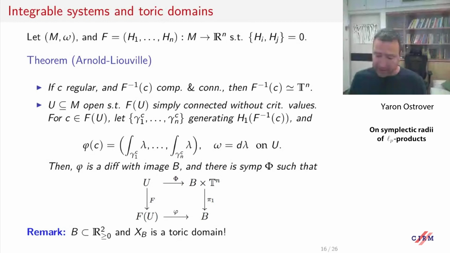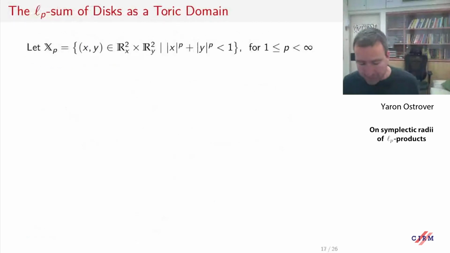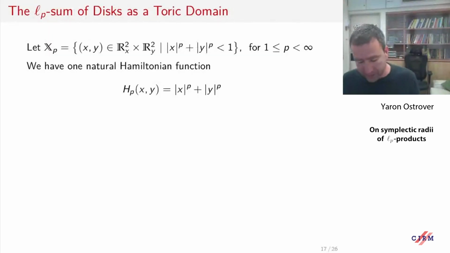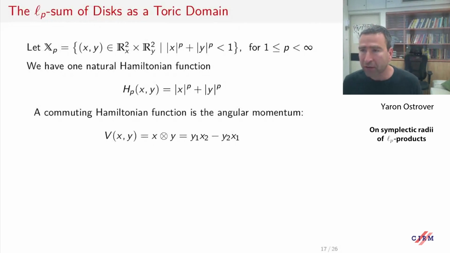And in the case of the p-sum of two disks, there are two natural commuting Hamiltonian functions. One is the generating Hamiltonian function, denoted here by H_p, and the other one is the angular momentum.